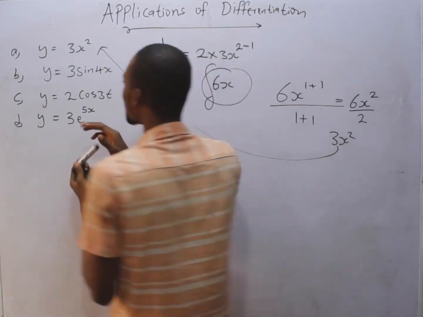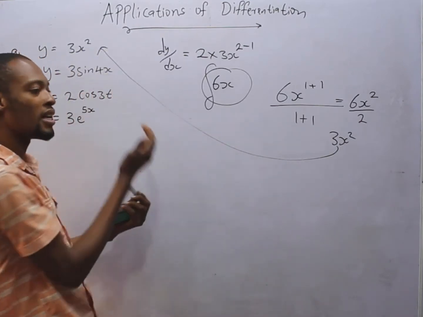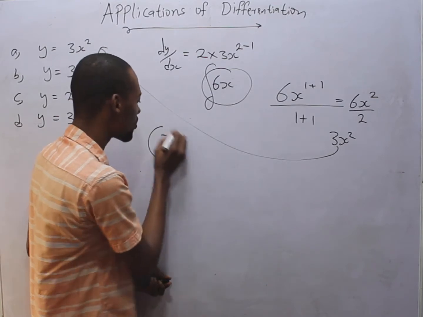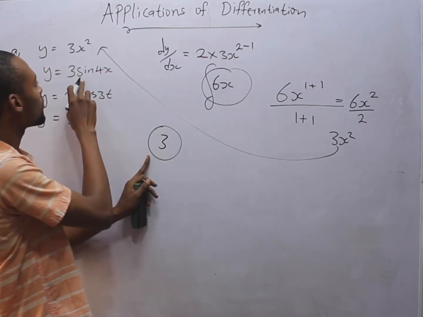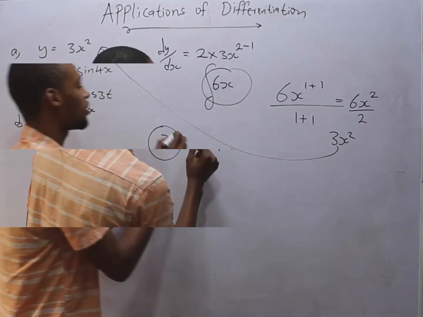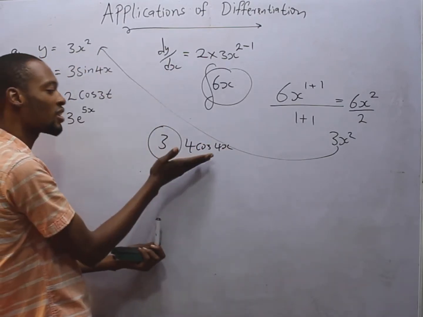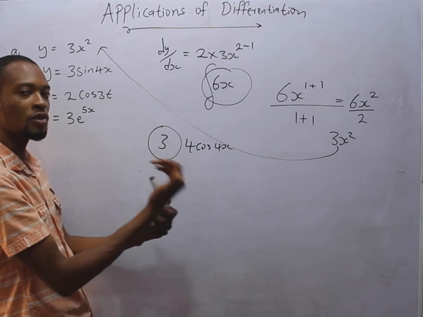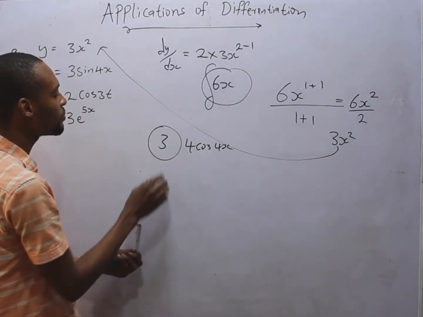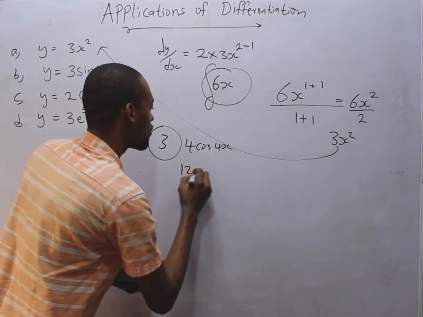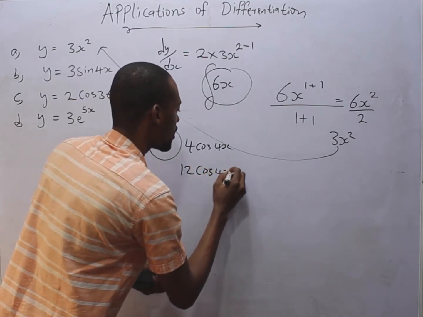Also, if y is equal to 3 sine 4s, to differentiate this, we bring out the constant, then differentiate sine 4s to get 4 cos 4s. When you differentiate sine, you get cos. When you differentiate cos, you get minus sine. So this is simply 3 times 4 cos 4s to give you 12 cos 4s.